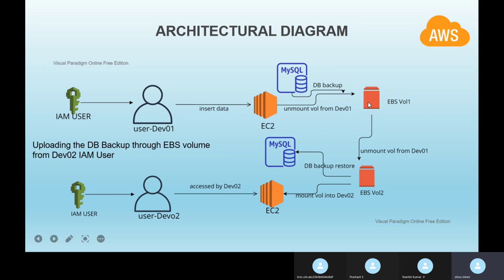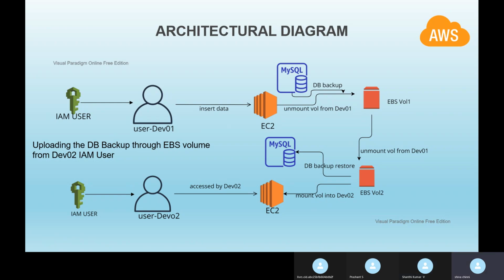From that EBS volume we transfer to EBS volume 2, from where the DB backup is restored to MySQL and mounted to the EC2 server, so developer 2 can access this data storage. So the second EC2 is also prepared with a MySQL server setup, and later you restore the backup from the EBS volume. Same setup. Okay, go ahead.